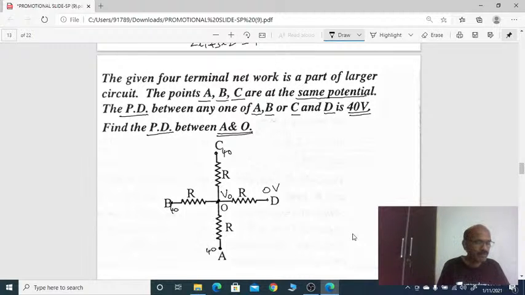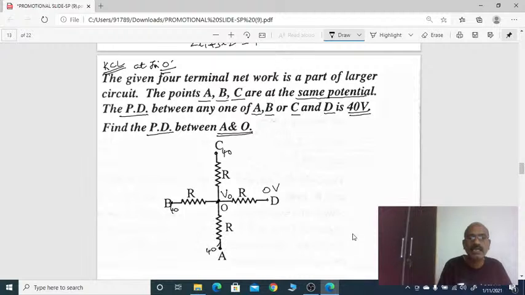Have you tried now? Apply Kirchhoff's law at the junction rule first. You see that according to Kirchhoff current law, first law, at junction O. Tell me now, at junction O, sum of the current entering. I will show you.